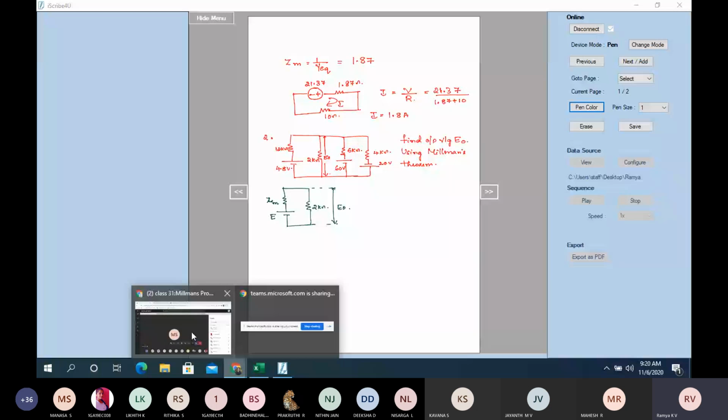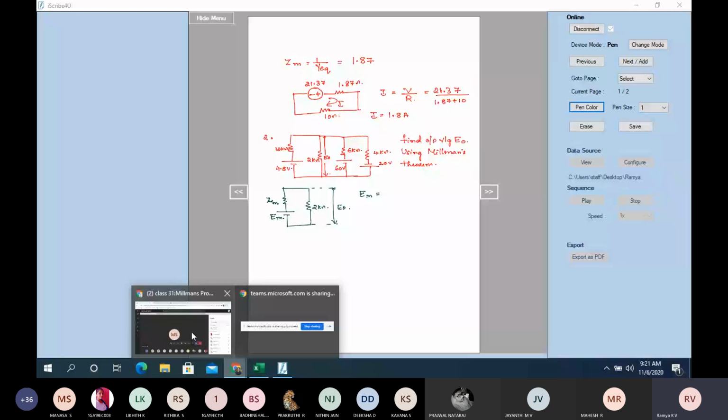So who will tell me the formula now? Prajwal, tell me the formula for EM. We remember the formula. It should be E1 Z1. What is E1? 48 volts. What is Y1?